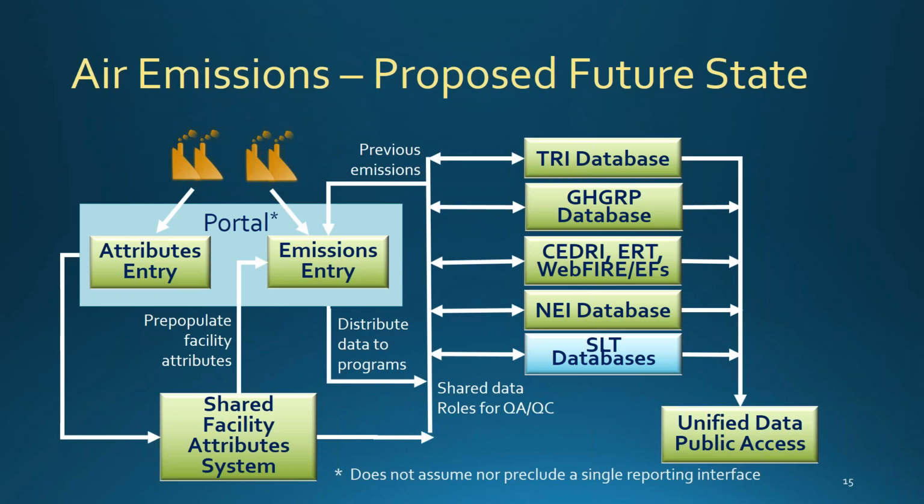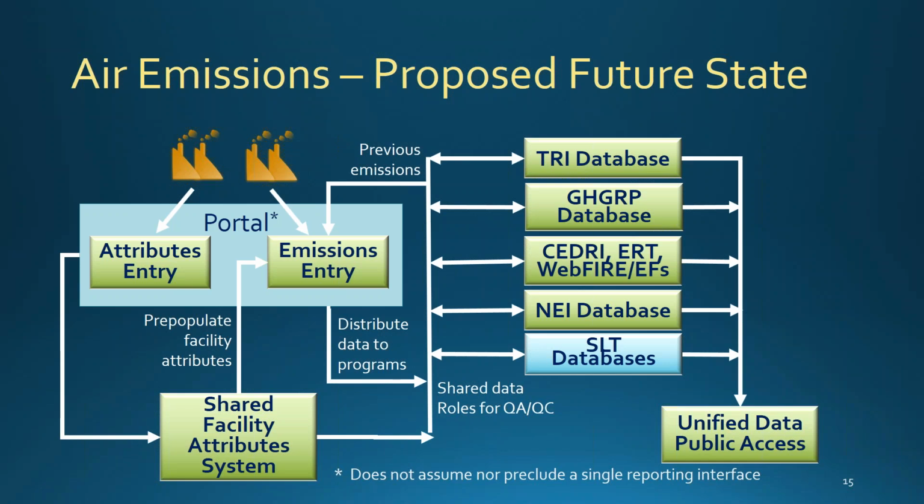Okay, slide 15. This is the proposed future state for the Combined Air Emissions Reporting Project, and I'm not going to go over this whole future state, but I want to draw your attention to a few things. As part of this project, we have envisioned that facility attribute entry would be one step, and emissions data entry would be one step.